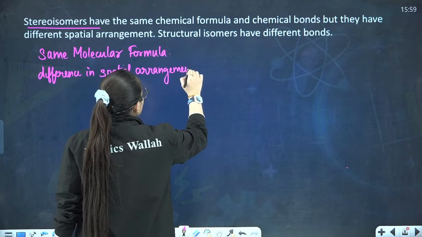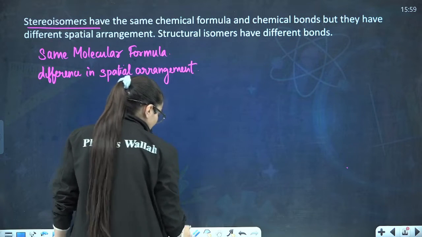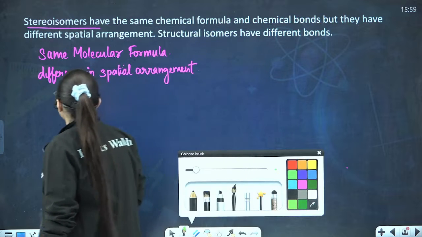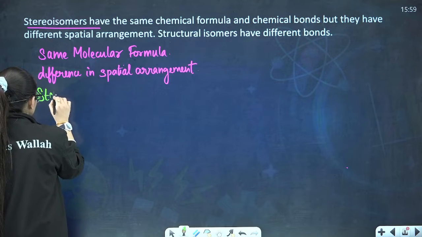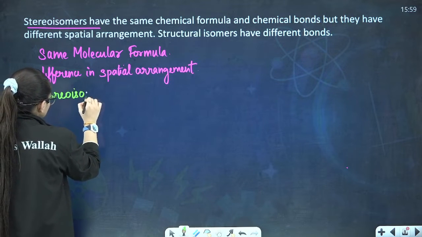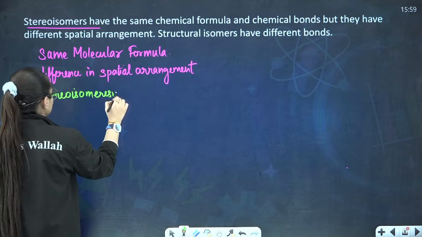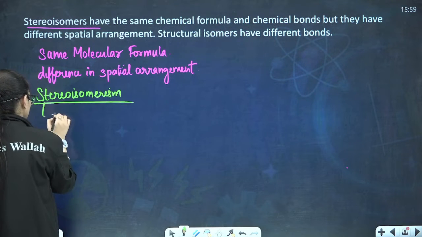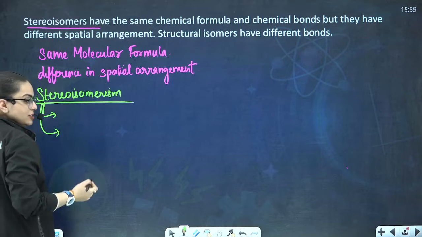Now students, they are further categorized into 2 basic categories.